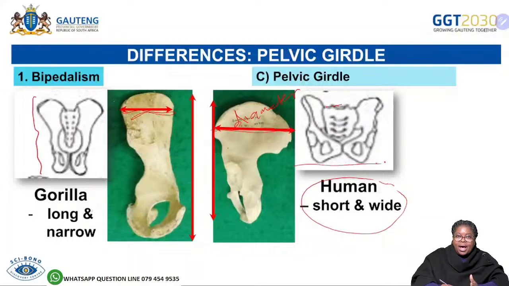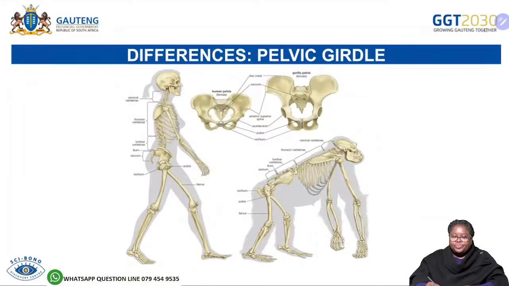So if you are asked to write the difference between the humans and the African ape in terms of the pelvic girdle, you need to indicate those two. Should you mention the short only or the wide only, you're going to lose marks. So in order for you to qualify for full marks, the humans have got a short and wide pelvic girdle, whereas the gorilla here has got a long and narrow pelvic girdle.